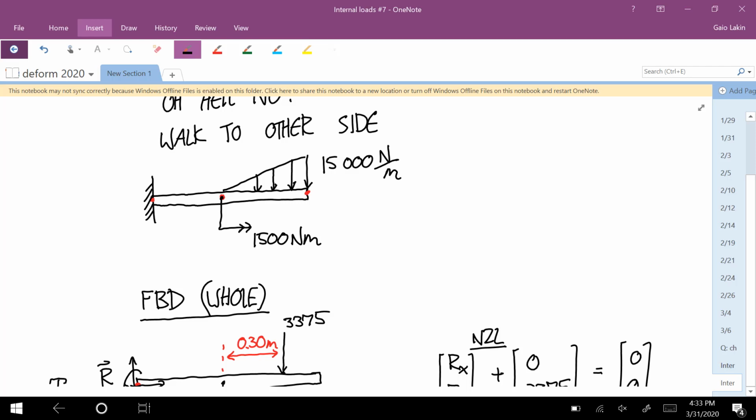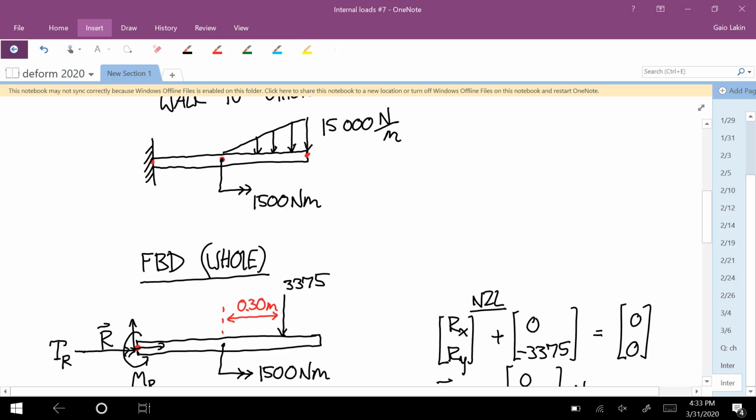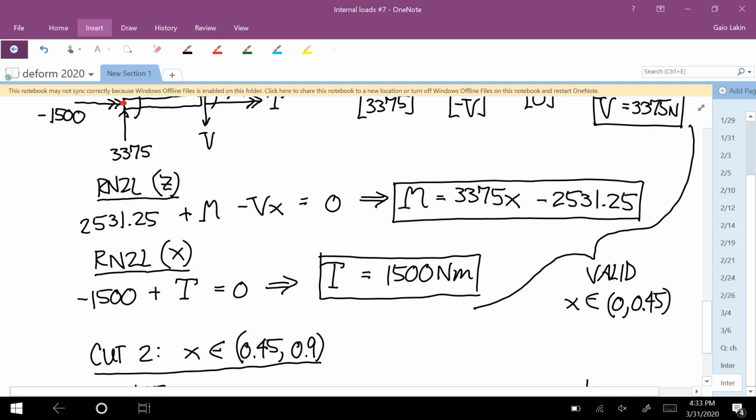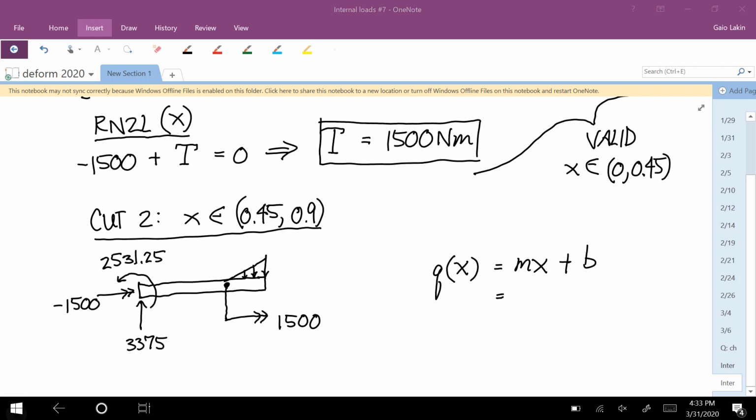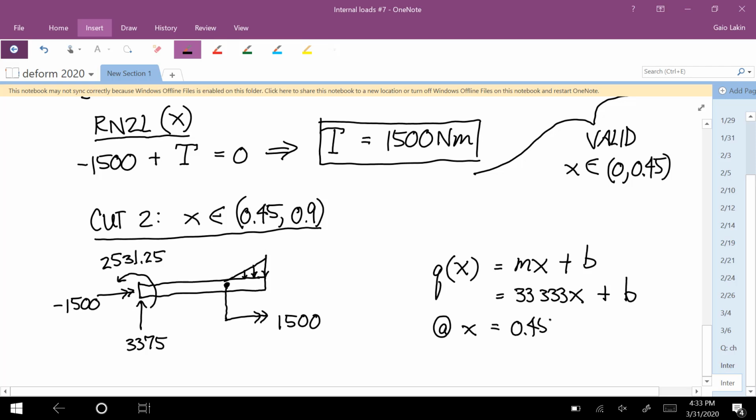So 33,333.3 repeating. Okay, so this is 33,333, and then threes go on forever, times x plus b. And now we can come up with b by just choosing a point. We know that q is equal to, you can think of this as like a boundary condition, at the point x equals 0.45, we know that q is equal to 0.